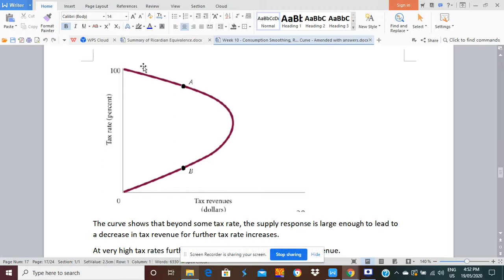The microeconomic decision. So remember that taxes decrease the amount of work, and at some point the wage will decline.